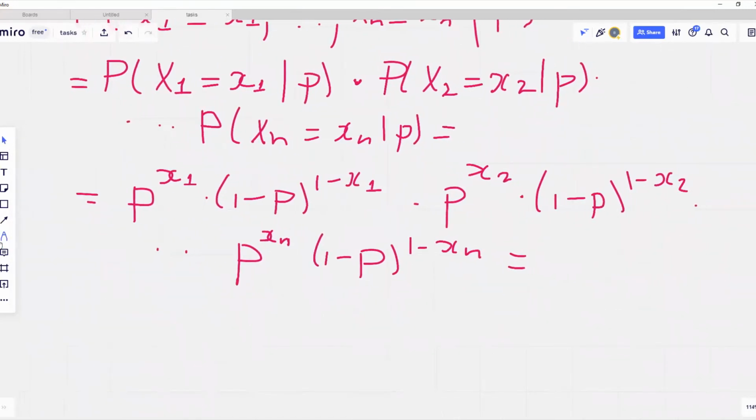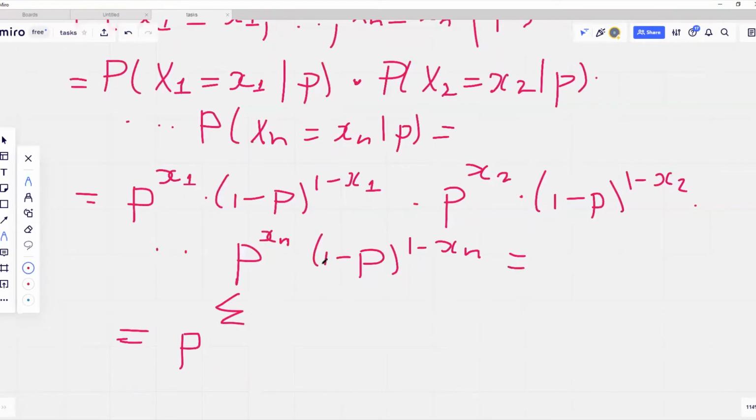Now, multiplying and collecting all these P's, we'll have P to the power of the sum of those xi's, multiplied by (1 minus P) to the power of n, the sum of ones, minus the sum of those xi's.